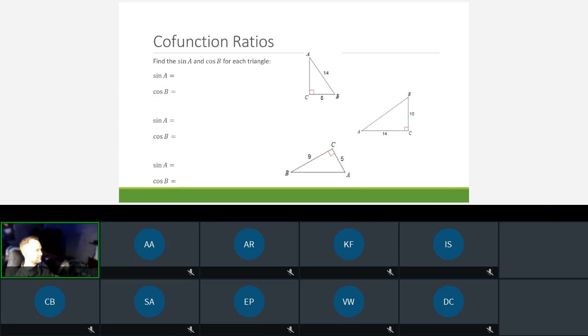So for example, the sine of A is going to be opposite over hypotenuse, so 8 divided by 14. And then we would reduce that to be 4 over 7. And why I didn't write the reduced form, I don't know.